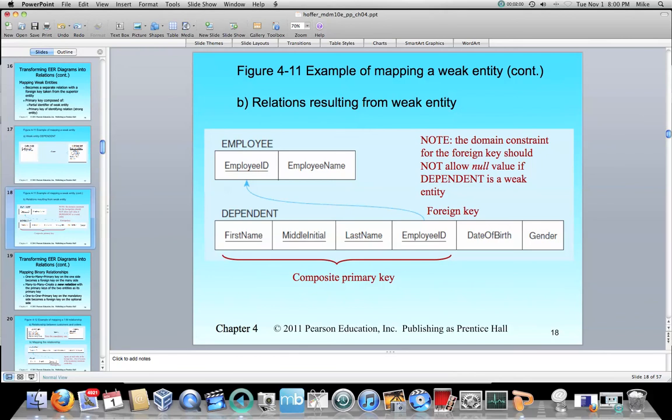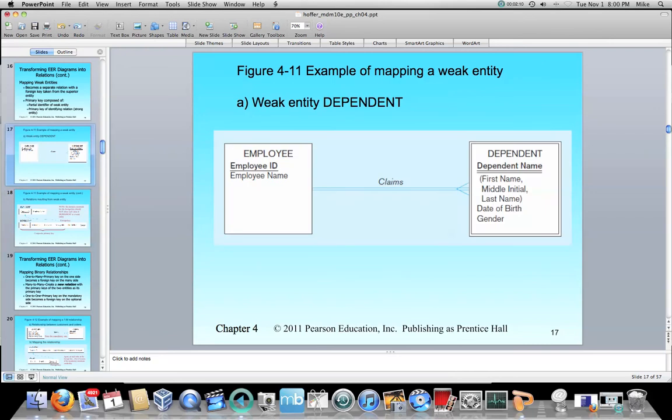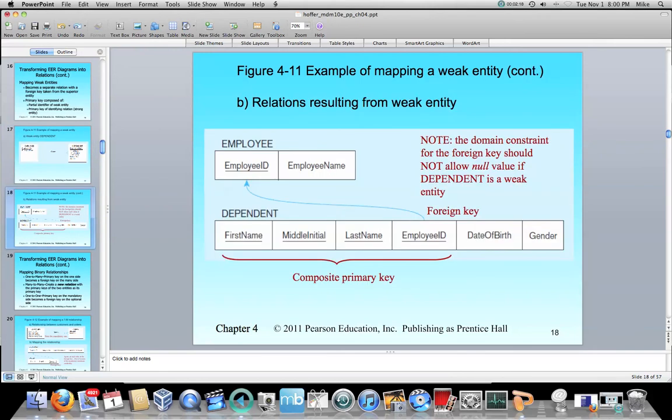So we've got employee, which has employee ID and employee name. And then we've got our dependent. Since dependent has a composite primary key, dependent name, which is first name, middle initial, last name, when we make that a relation, all of those attributes have to be broken out.